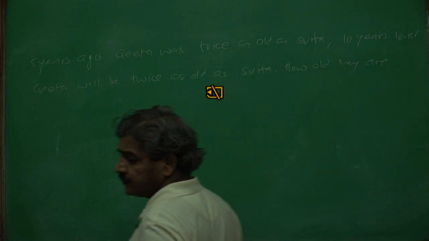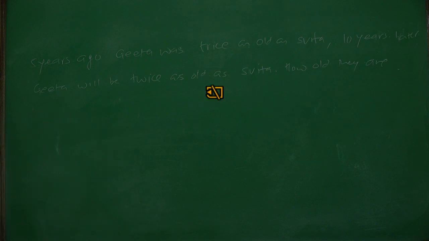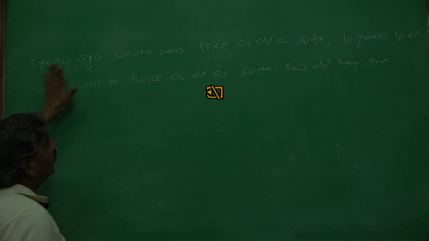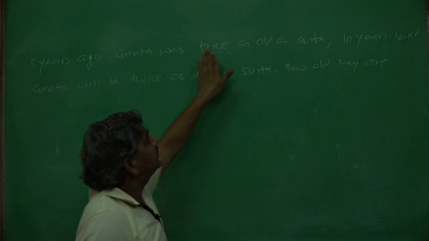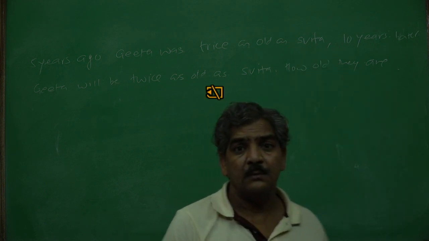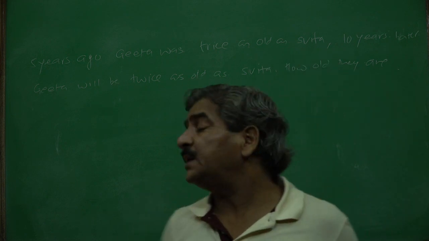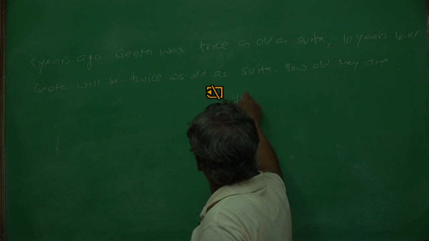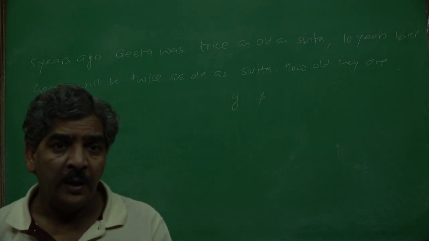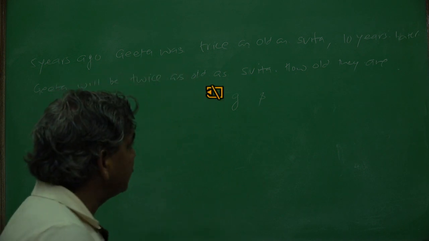Read the question again and again. See, 5 years ago Gita was thrice as old as Sagita. Suppose the present age of Gita is G and the present age of Sagita is S. What is to be calculated?